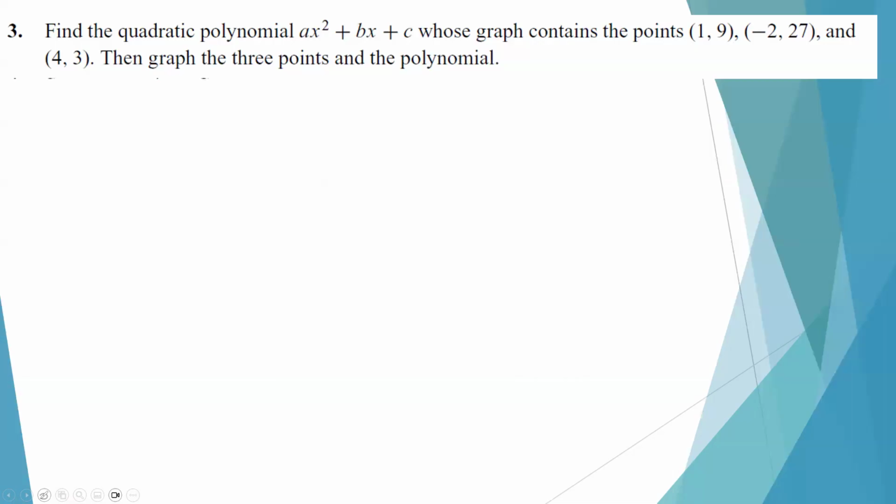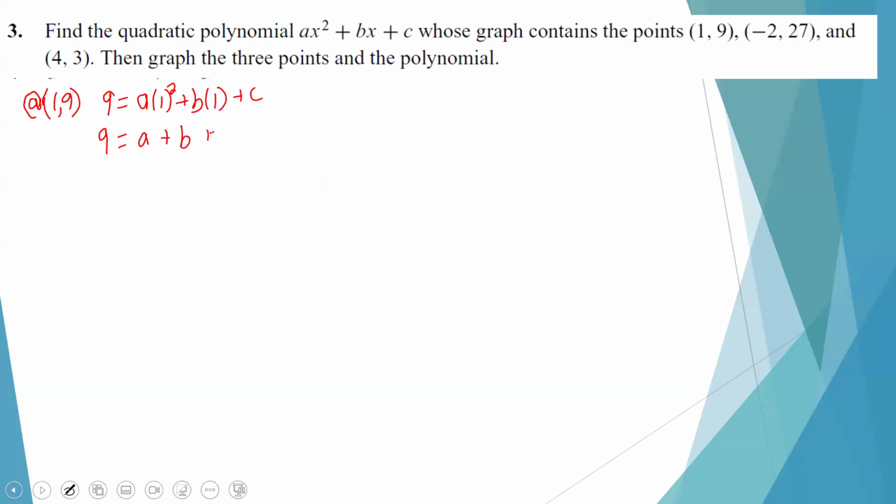Okay, so my first thought is, what is it at 1, 9? At 1, 9, 9 is equal to a times 1 squared plus b times 1 plus c. Well, this is going to be 9 is equal to a plus b plus c.